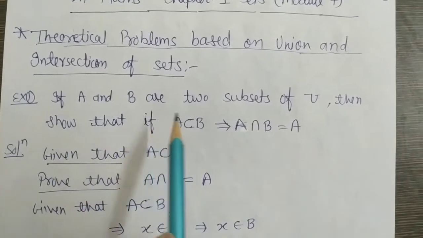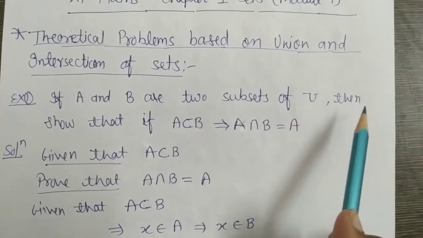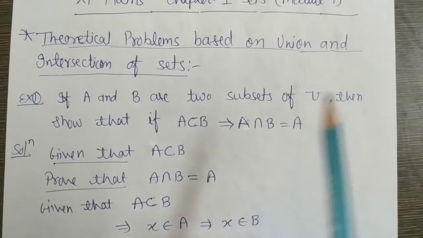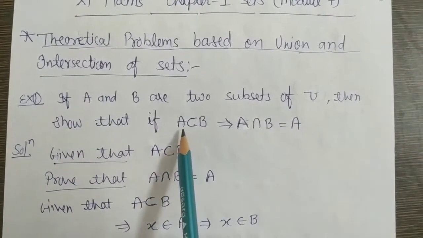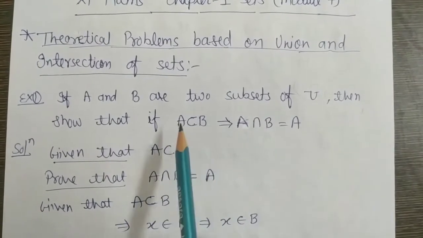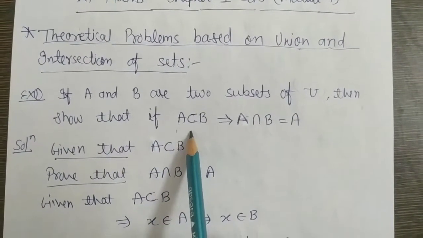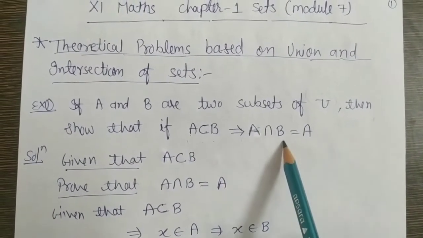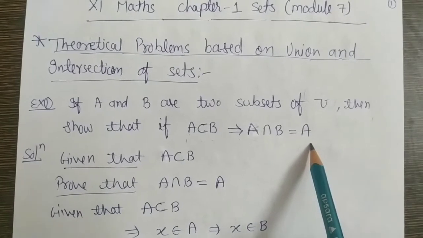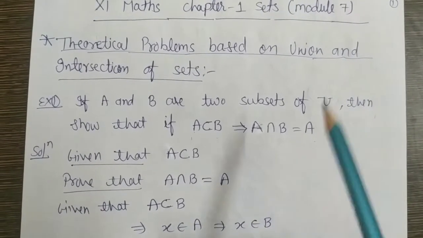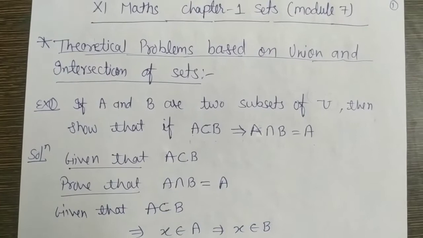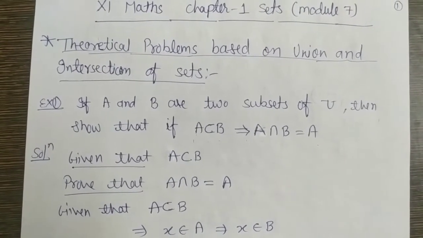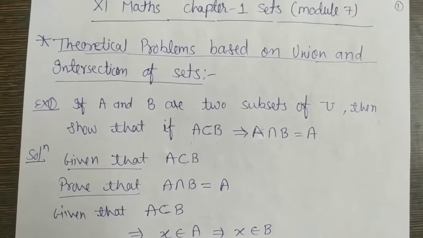If A and B are two subsets of U, where U means the universal set, then show that if A is contained in B, meaning A is a subset of B, it implies that A intersection B equals A. Such theoretical problems can be solved using a Venn diagram or using the definitions of union and intersection.